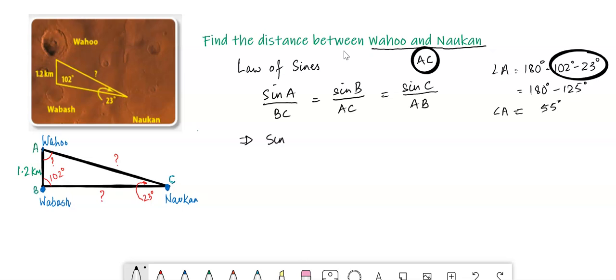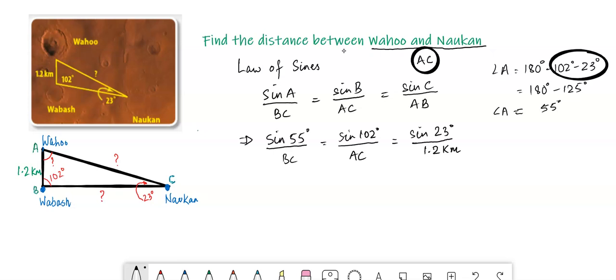So sine of angle A, which is 55 degrees, over BC, which we don't know, is equal to sine of B, sine of 102 degrees, over AC, which we want to find out. That is equal to sine of C, which is 23 degrees, over AB. And AB is 1.2 kilometers.